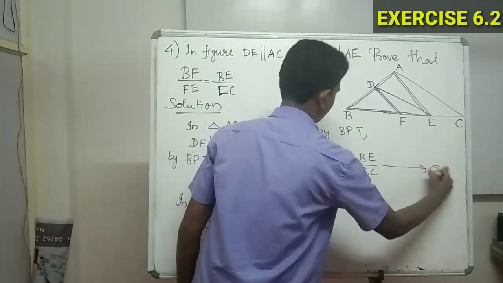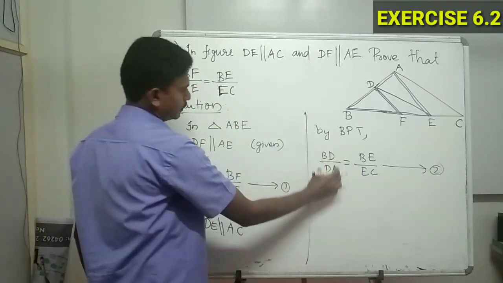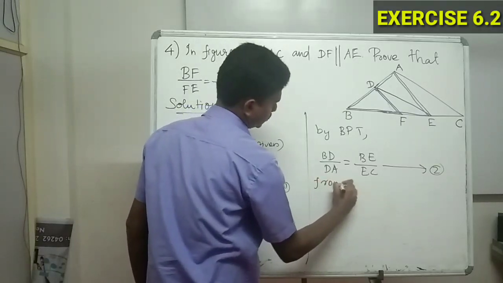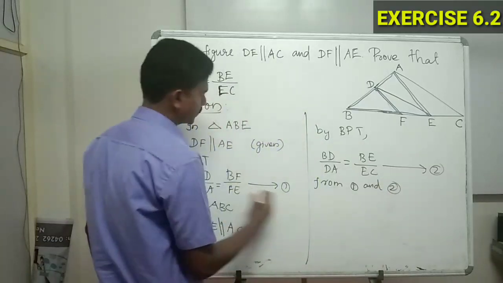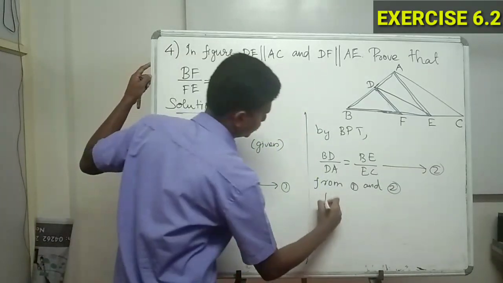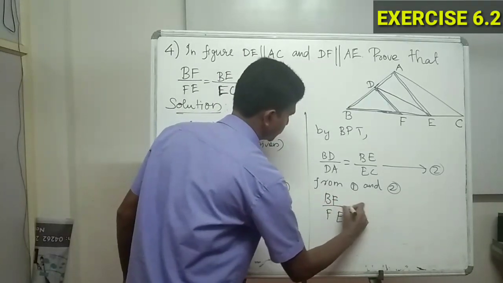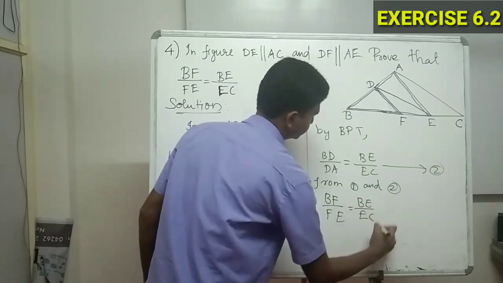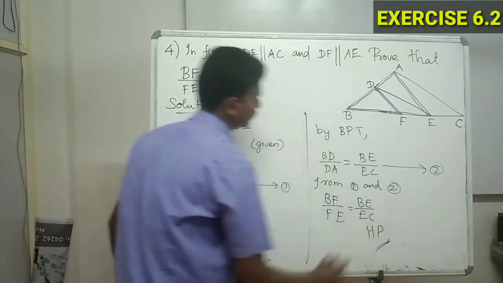This is equation 2. And 1 and 2 we can compare. BD by DA, BD by DA are equal. From 1 and 2 we can say that BF by FE is equal to BE by EC. Okay, so this is what we had to prove.